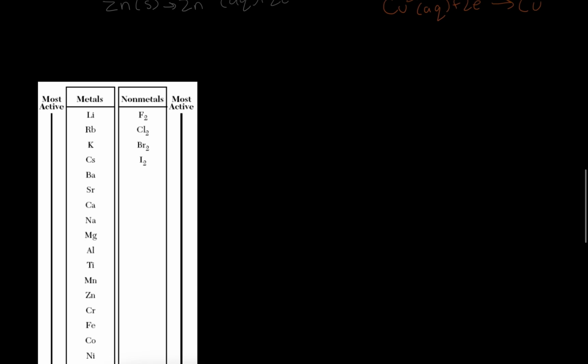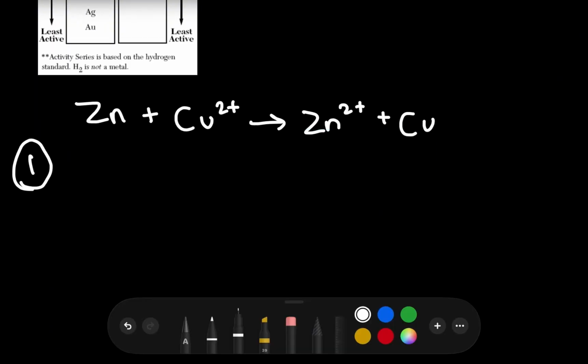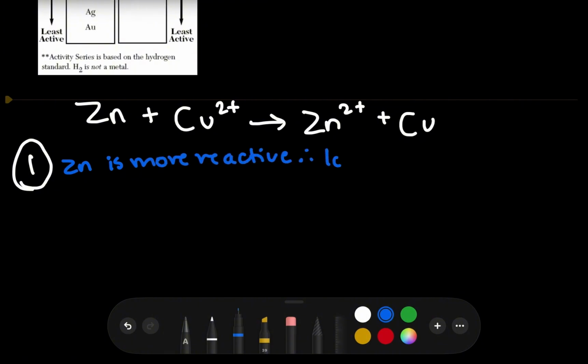Because if we look first at the activity series, we see that zinc is more active, it's more higher up in the scale than Cu. And the more active metals typically lose electrons more easily. So the first step is that Zn is more reactive. Therefore, it loses electrons.